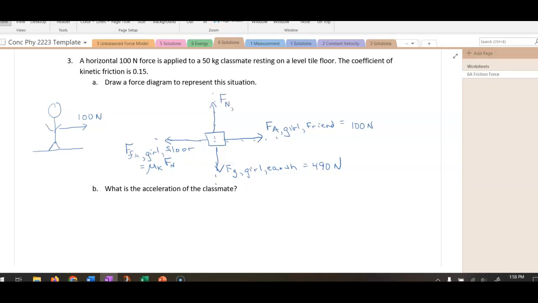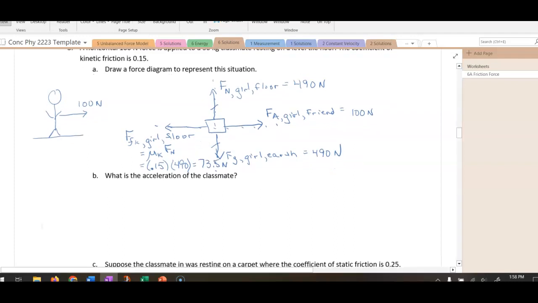The floor is supporting the girl. Since there are only 2 forces in the vertical direction and the girl's not moving up or down, I know that the normal force is balancing the gravitational force, so it is also 490 newtons. Okay, so the friction force is 0.15 times 490, which is 73.5 newtons.